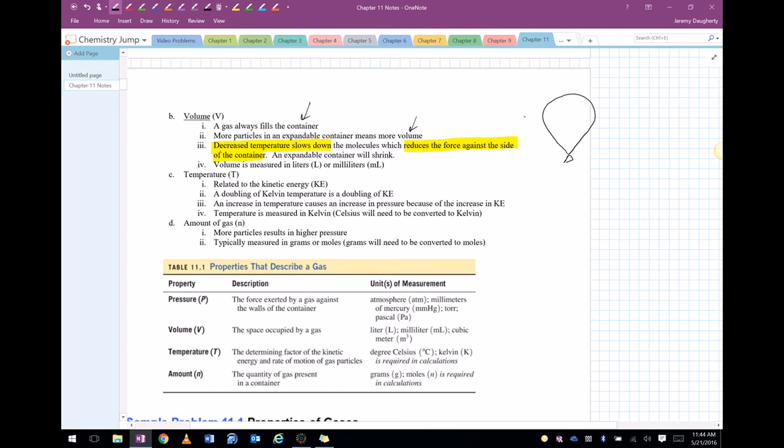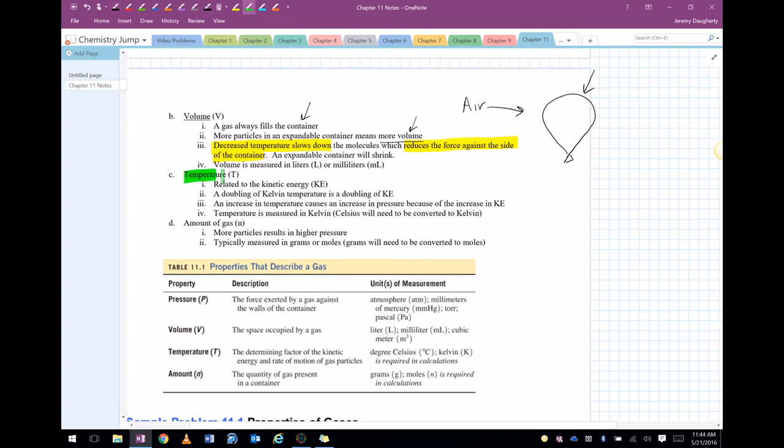If I blow more air into that balloon, it's going to get bigger, more volume. If I take this balloon outside on a very cold winter day, in the negatives, the size of that balloon is going to get smaller because molecules are moving slower, not colliding against the side of the container with as much force, which means they have a decreased volume.